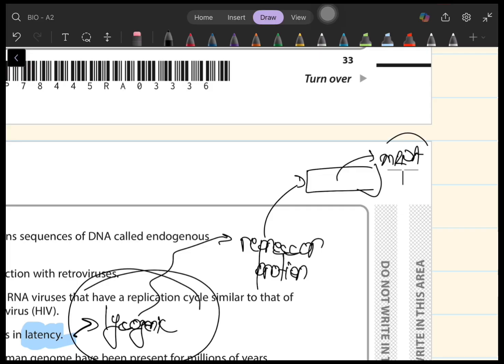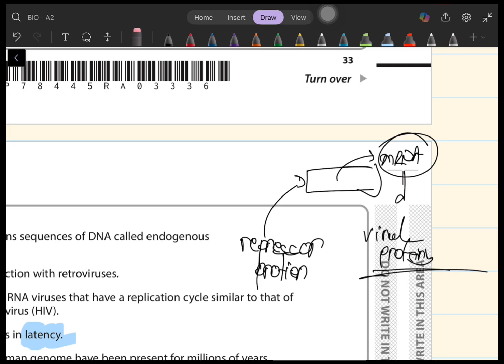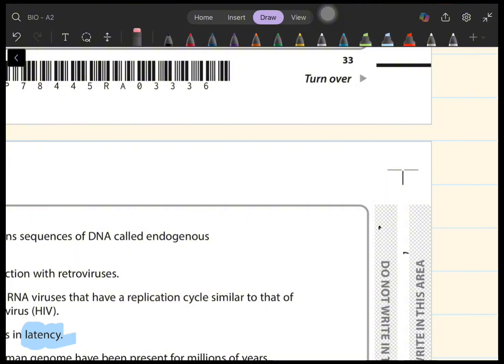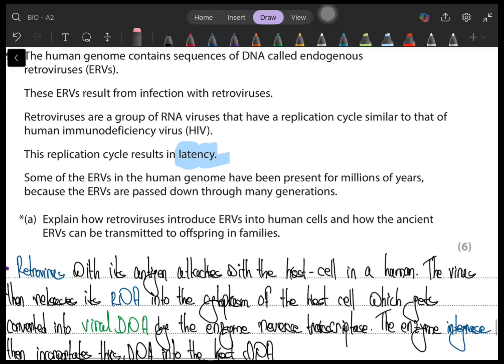And as a result, transcription does not result in the production of viral proteins, and hence viral particles are not produced as well. So let's just move on to the question.